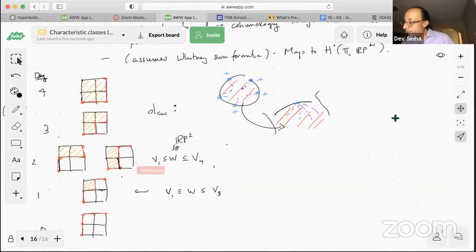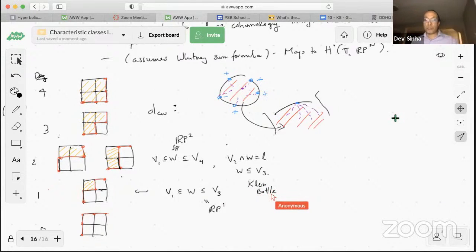So I've got V2 intersect W is some line, and also by the third step, I have all of W. So W does sit inside V3. All right. And so we think about these. Again, this is an RP1. This is some sort of Klein bottle thing. But that's in the closure.